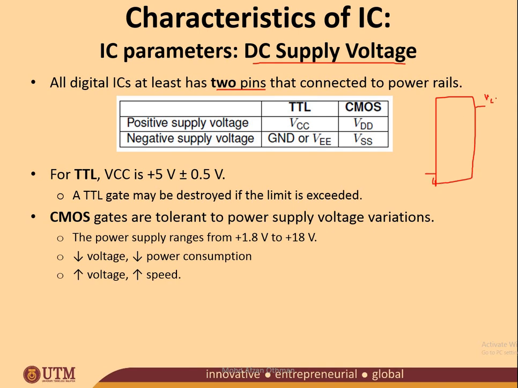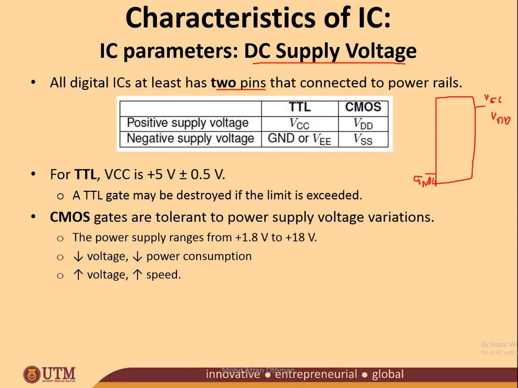One is your VCC, the supply voltage, or VDD, and you have ground for sure. Any electronic circuit should have a supply voltage and also a ground. So for TTL, the positive supply voltage is VCC and for CMOS it is VDD, and the negative supply voltage for TTL is ground or VEE.